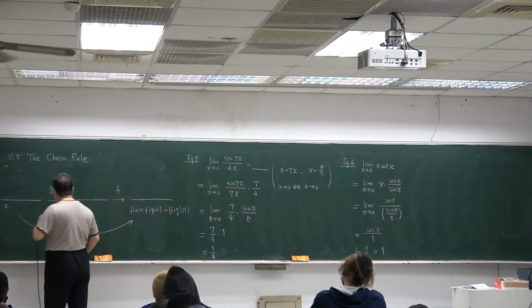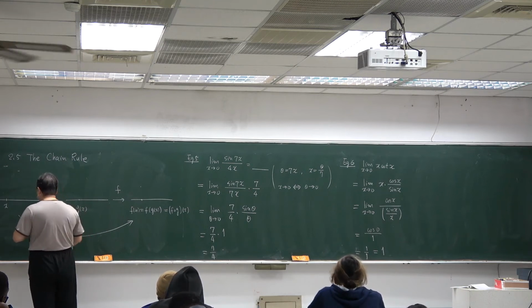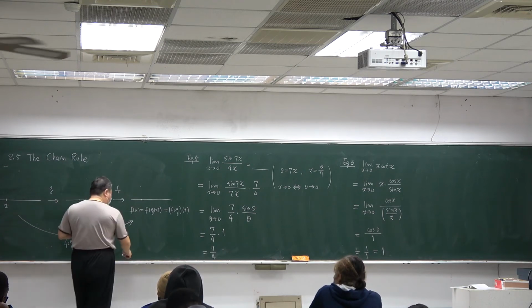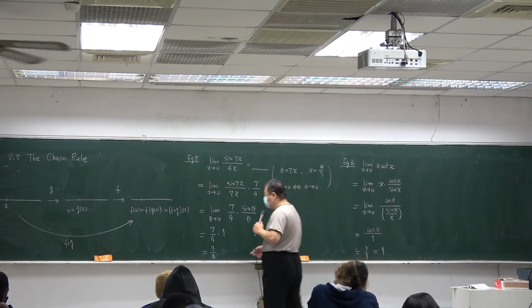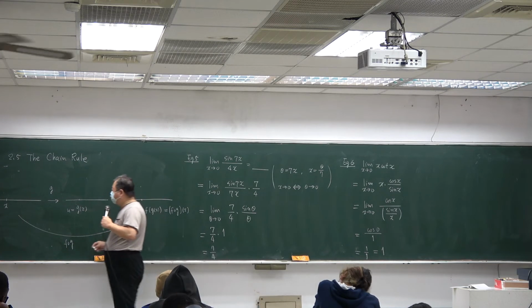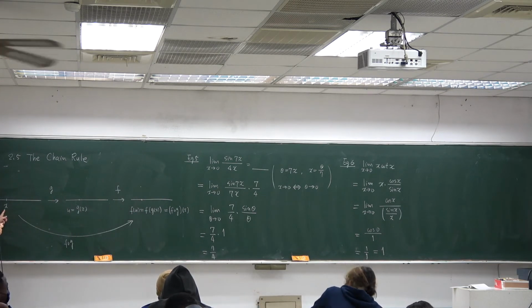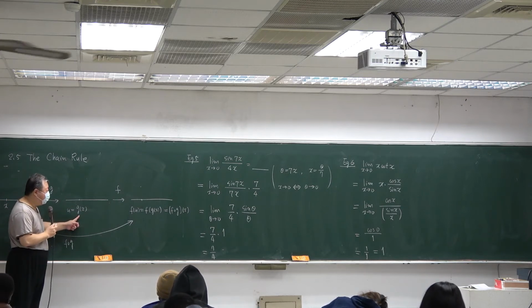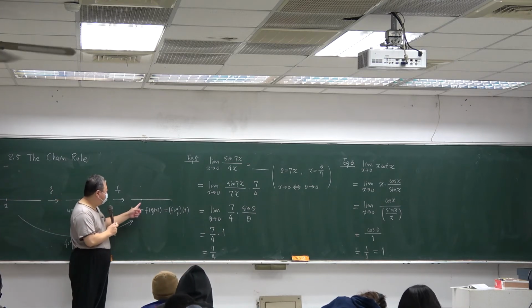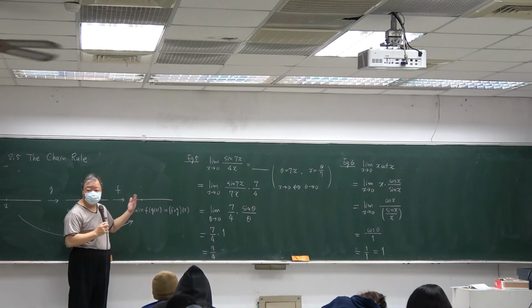Okay. Suppose the function g is differentiable at this number. For example, x is the number 1. g of x is 10. And f of g of x is 100, suppose.